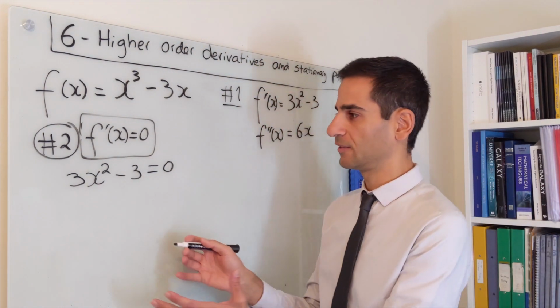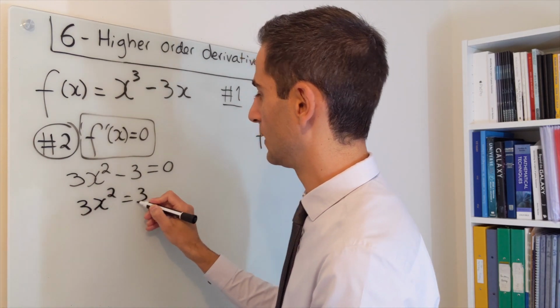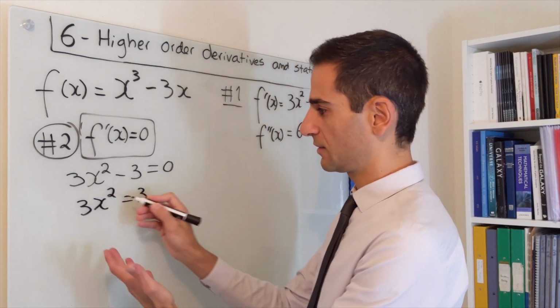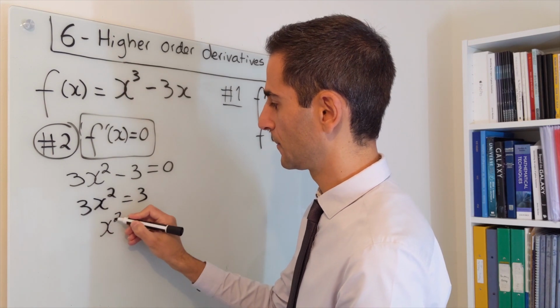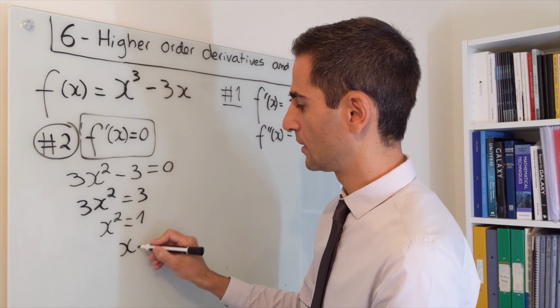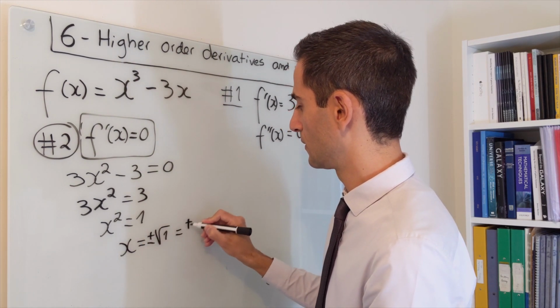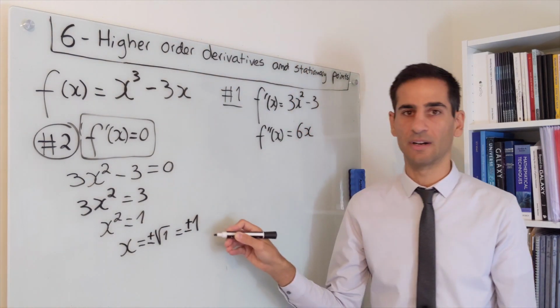Fortunately, this is a relatively straightforward equation that you can manipulate. Take 3 to the other side, then you can divide by 3, and you end up with 2 solutions, which are plus and minus 1.